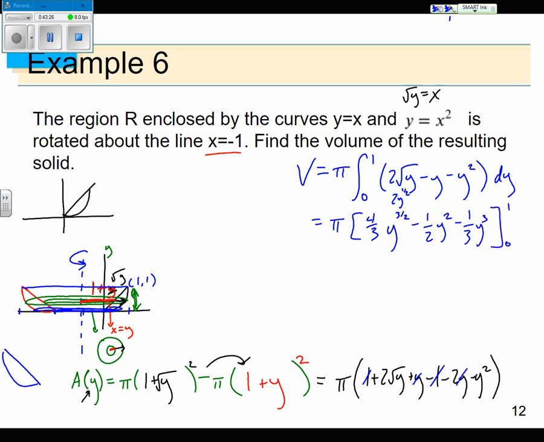Back here, lucked out once again with the 0, so I just need to do 4/3 minus 1/2 minus 1/3, and that gives me a nice pi over 2. And so the volume of that big, kind of empty it looks like, whatever that shape would be, is going to be pi over 2.